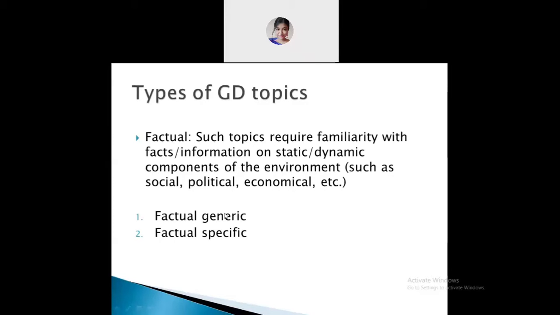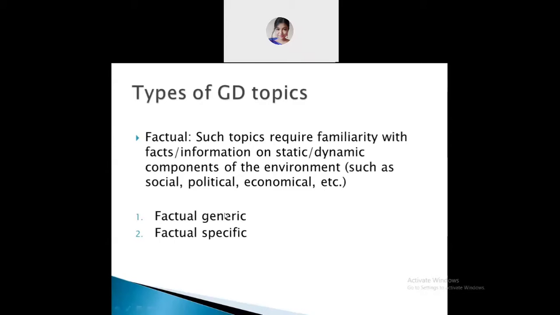Is it clear? Factual topics can be anything that is real. You need to provide information and facts related to the topic that is given to you during the discussion. That's what a factual topic is.